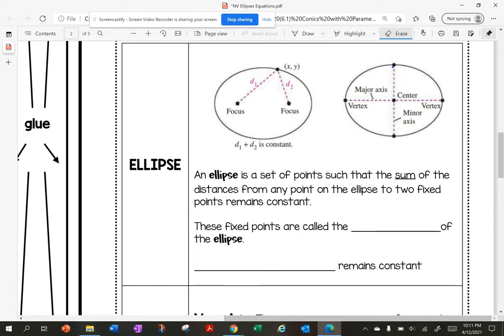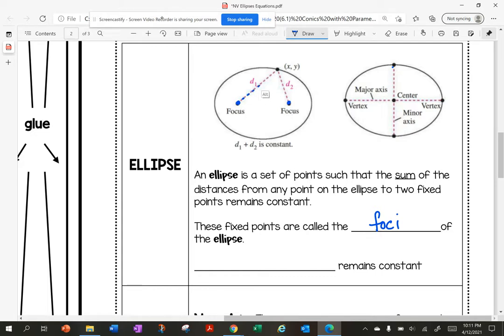Okay, by definition, an ellipse is a set of all points such that the sum of the distances from any point of the ellipse to two fixed points remains constant. These fixed points are called the foci of the ellipse. So foci is plural for focus. So my 2 points here are the foci.